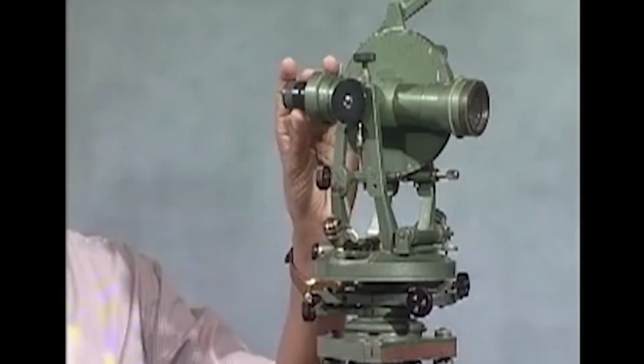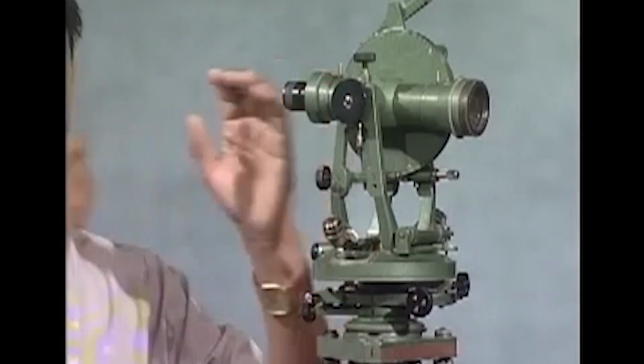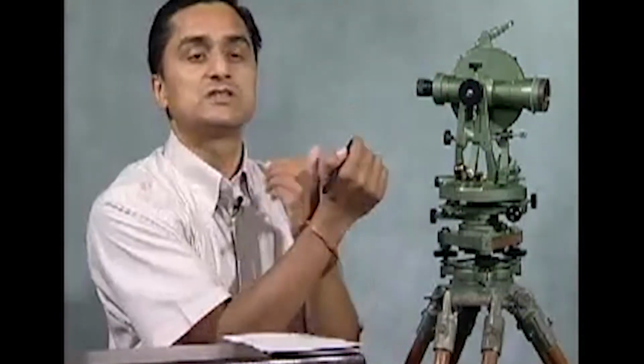This needs to be done because it depends upon my eye. If someone else is working, he will again need to focus it so that he can see the crosswire very distinctly. Once I have focused the eyepiece for my eyes, what will be the next job? The next job will be focusing the objective.